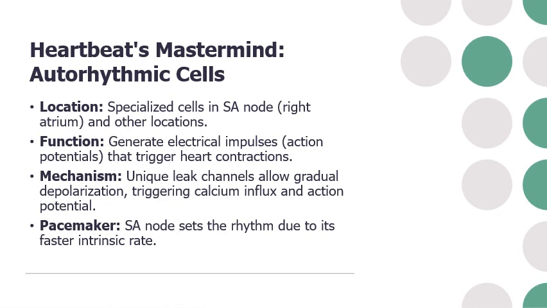Again, the function, they generate electrical impulses, action potentials that trigger heart contractions. The mechanism, unique leak channels allow gradual depolarization, triggering calcium influx and action potential. And then pacemaker, the SA node sets the rhythm due to its faster intrinsic rate.